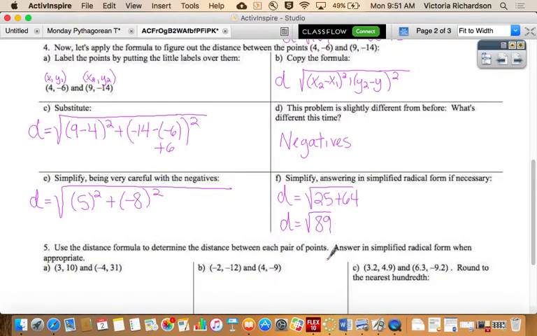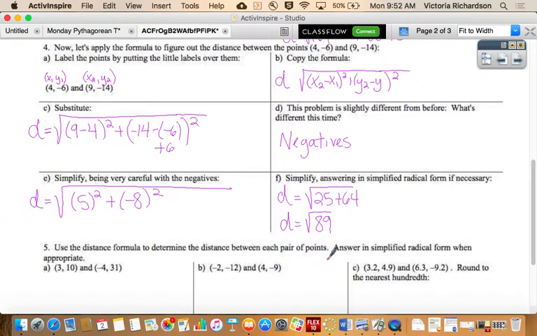Now, when you put the square root of 89 in your calculator, you're going to get a decimal, okay, because it's not a perfect square. And when you get that, you would have to round. So your answer wouldn't be perfect, right? Because when you round, you're kind of estimating. So instead of estimating, we're going to leave the answer just like that. We're going to put D is equal to the square root of 89.